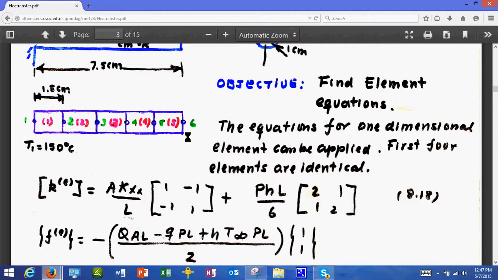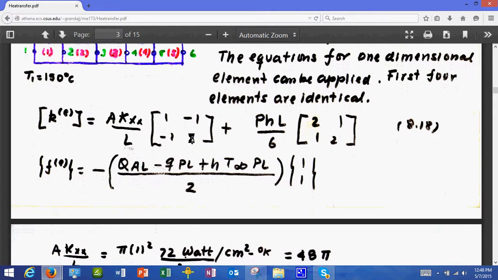They are almost identical, except this one has the convection, right? So the equations for this one-dimensional element, you have it in here. This is the equation for the individual stiffness matrix, and then follow the other terms.